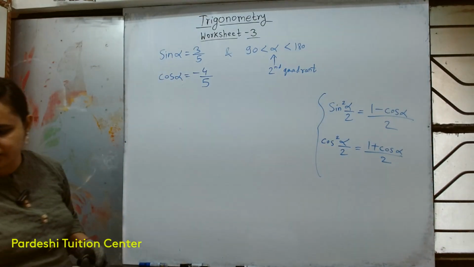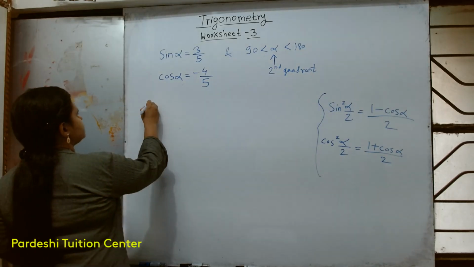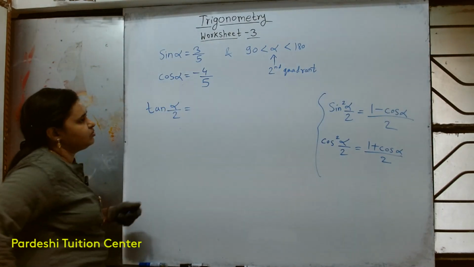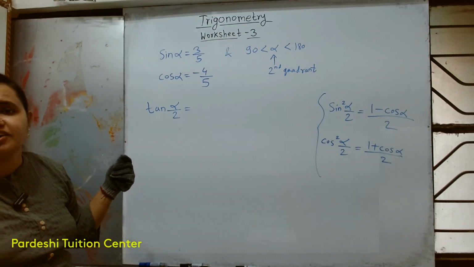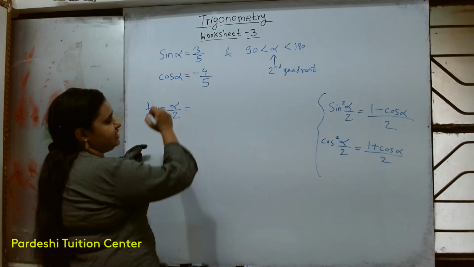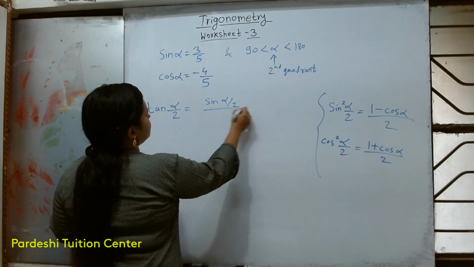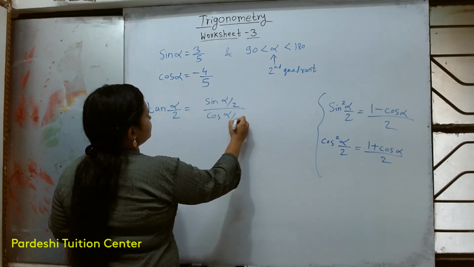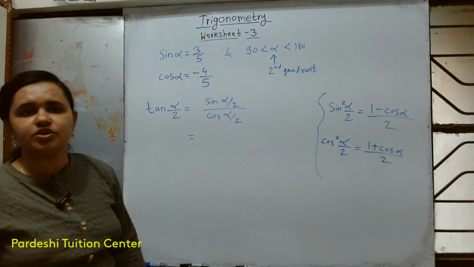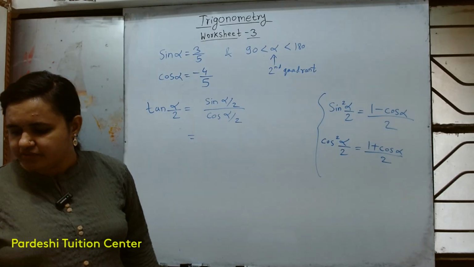Now next is tan alpha by 2. We have just calculated sin alpha by 2 and cos alpha by 2. Tan is the ratio of sin upon cos, that is sin alpha by 2 upon cos alpha by 2. We have just calculated the values of sin alpha by 2 and cos alpha by 2 in A and B, so we can directly put in the values.